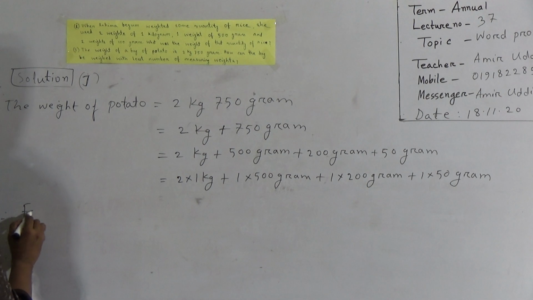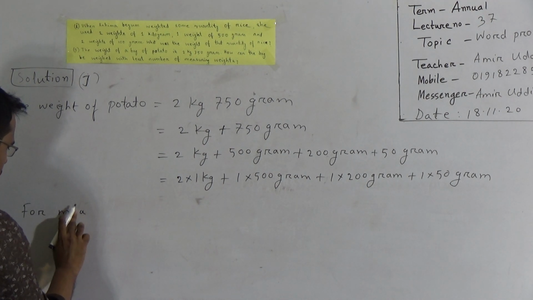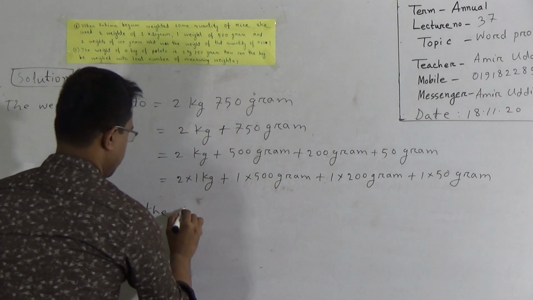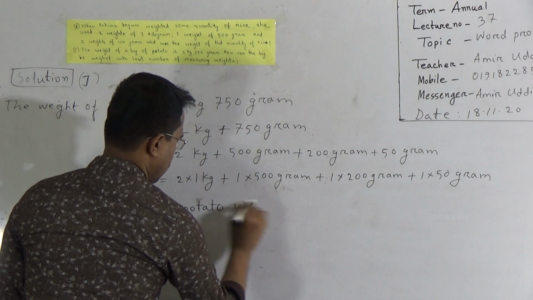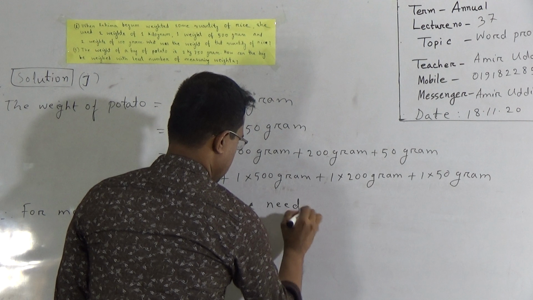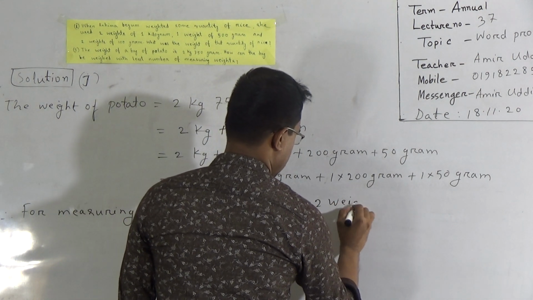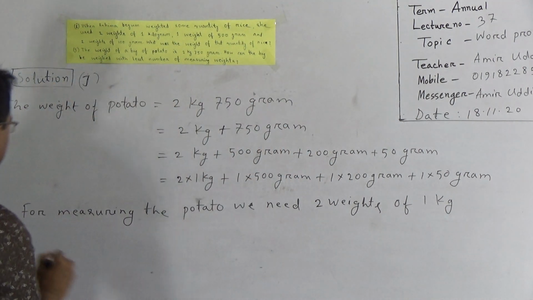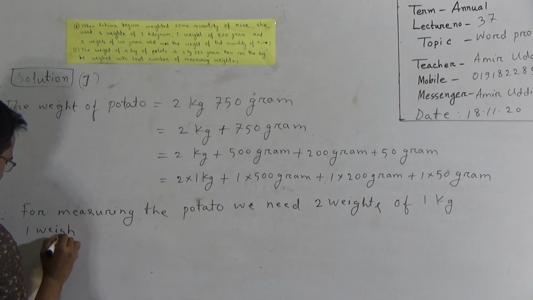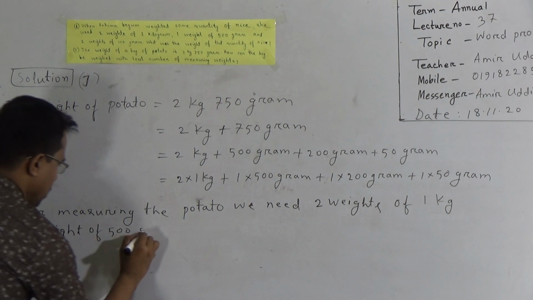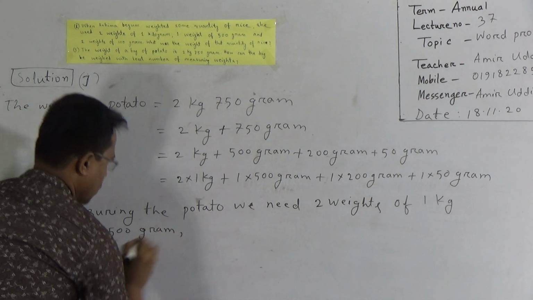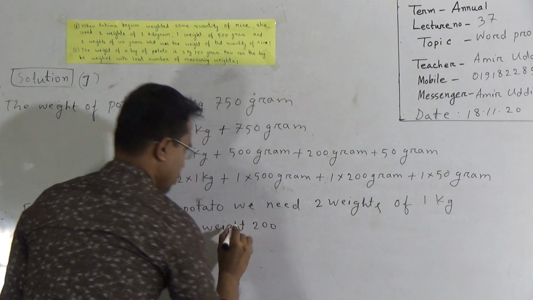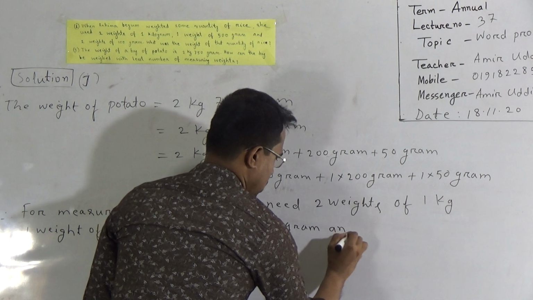Therefore, for measuring the potato we need 2 weights of 1 kg, 1 weight of 500 gram, 1 weight of 200 gram, and 1 weight of 50 gram.